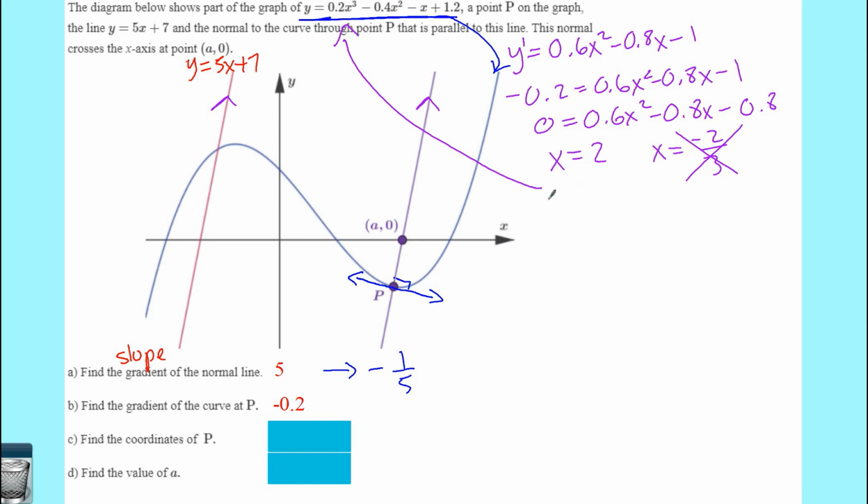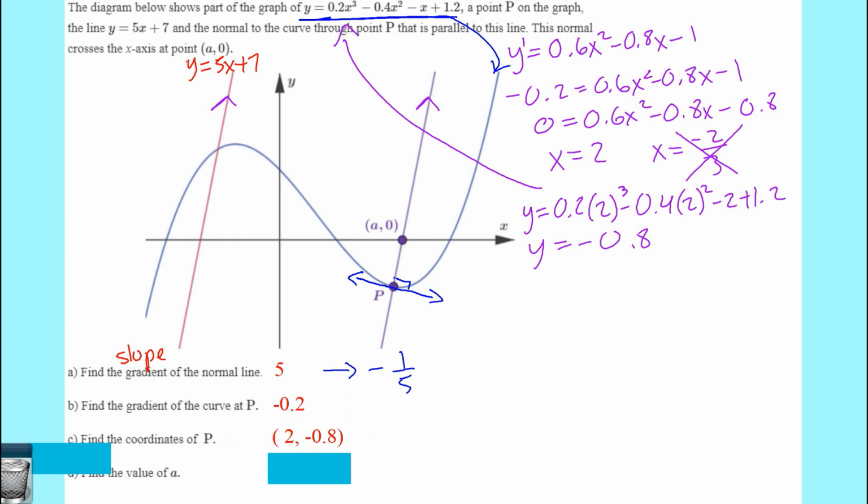We get y equals 0.2 times 2 cubed minus this, and minus 2 plus 1.2. We solve this, and we should get negative 0.8, I believe. Let's hope I'm right. There we go. X is 2, y is negative 0.8.